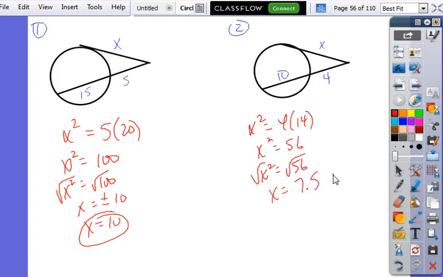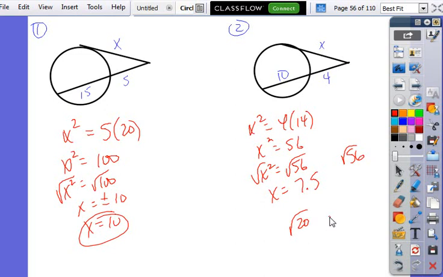I do want us to get to the point now where we can take the square root of 56 and break it down and leave the square root on there, because that is on the EOC. I'll do an easy one first. If I want to break down the square root of 20, I need to find a square that goes into 20.